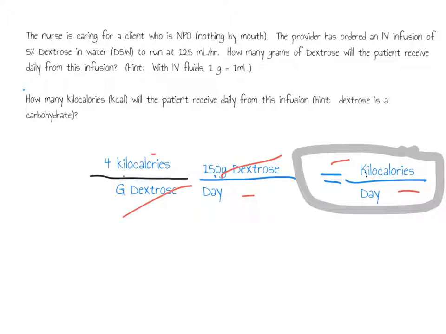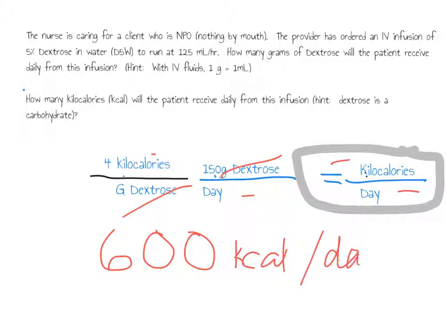So you can see you're left with what you wanted, and you got rid of everything you didn't want. Now you can just multiply across. We have 600 kilocalories per day. And that's what that person is receiving.